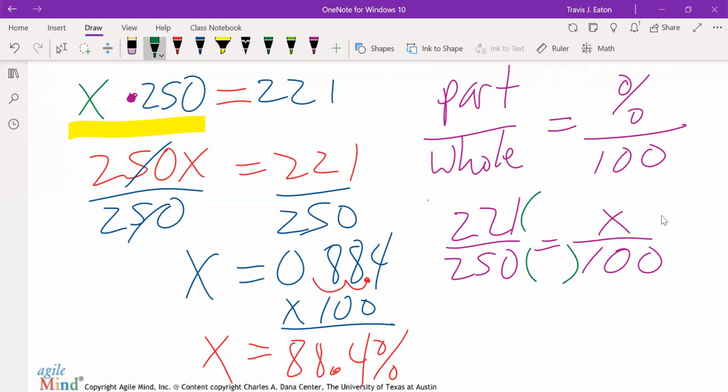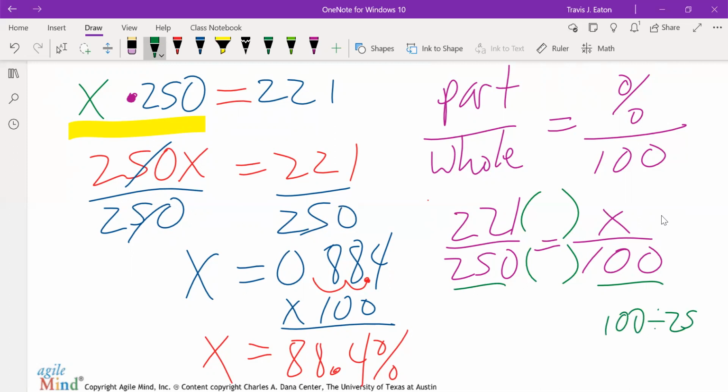Because I'm going to do that same thing up here. Well, to find out what that is, it's kind of like I have to find the scale factor. And so to find scale factor, you always take your new amount, which in this case is the 100, and you divide that by the old amount, which in this case is the 250. New divided by the original amount.